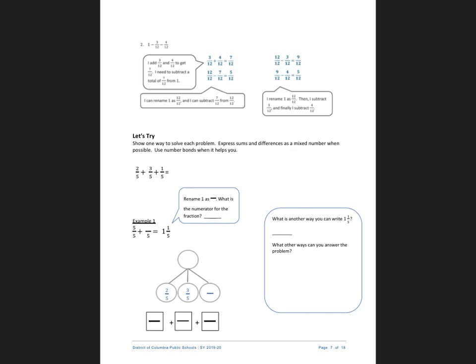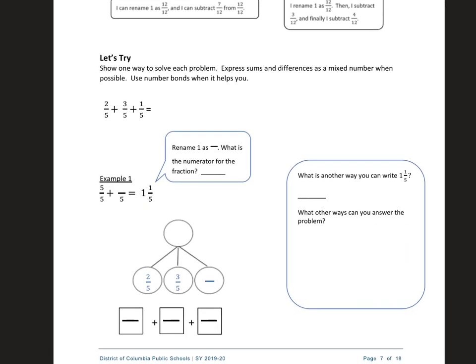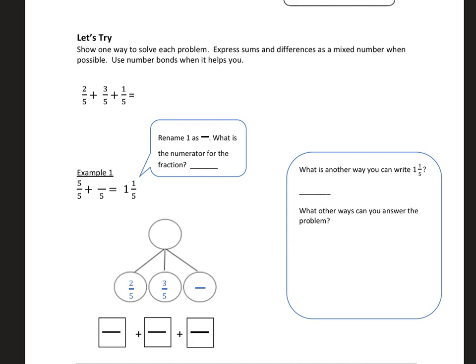All right, so we are going to go ahead and go to the let's try. Again, at the top is just a review of what we did yesterday, so I'd rather us just work through them. So the first problem says 2/5 plus 3/5 plus 1/5.